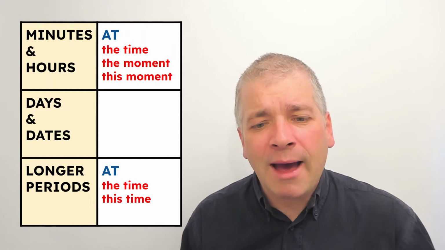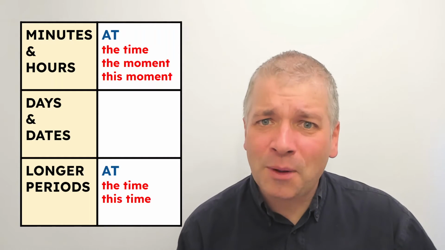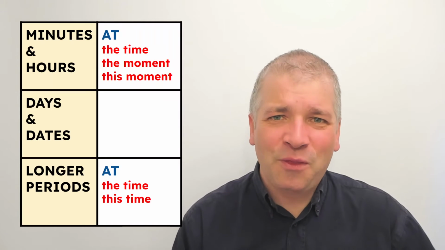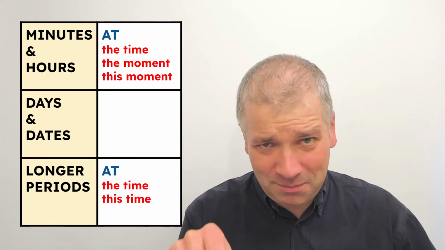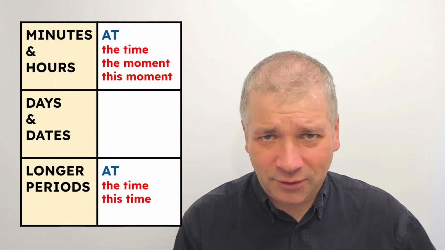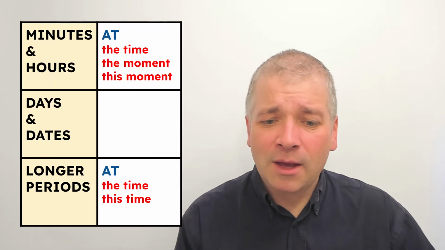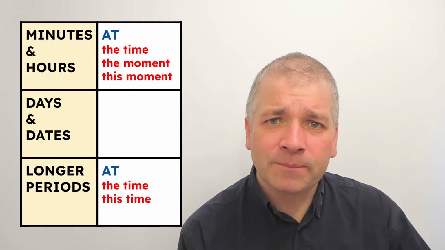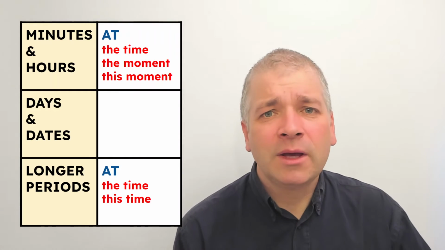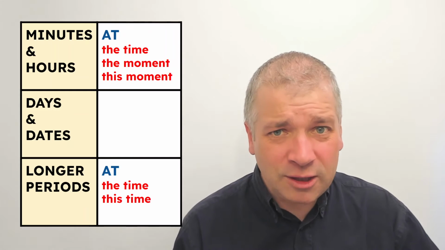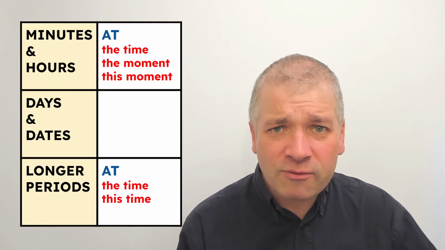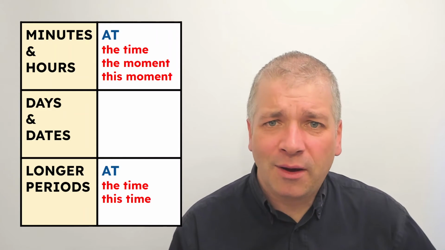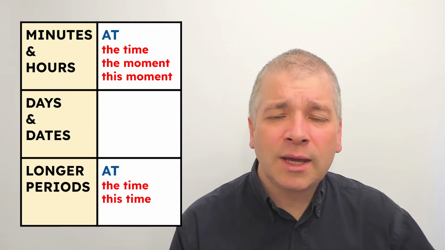We can also use at with moment, at the moment, at this moment, at that moment. This means a very specific moment of time, very specific point in time. At this time is slightly different in terms of the way it is used. Generally, we use at this time when we are communicating a difficult period.